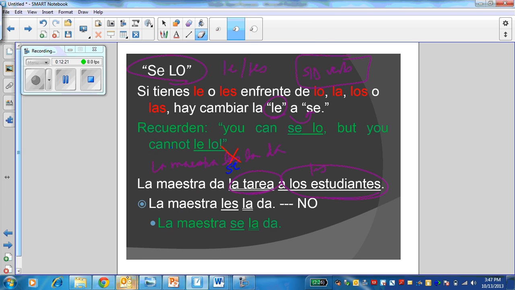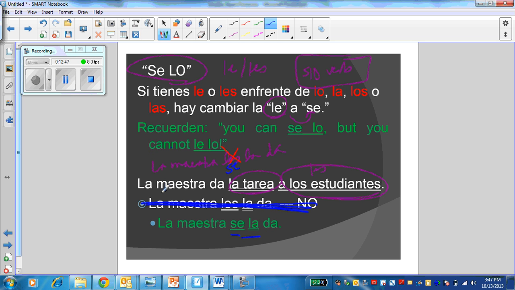So if I want to say the teacher gives it to them, ustedes tienen que decir la maestra se la da. You can say "se lo", but you can't say "le lo". Okay, so esta expresión no es una expresión correcta.